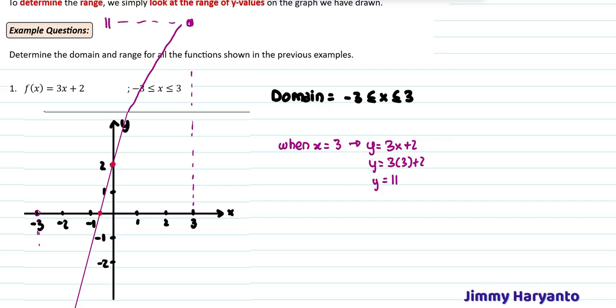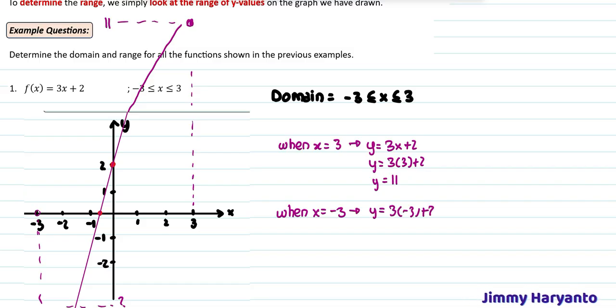And when x equals negative 3, we also have to find the value of y. When x equals negative 3, y will be 3 times negative 3 plus 2, so we'll have negative 7 as the result.